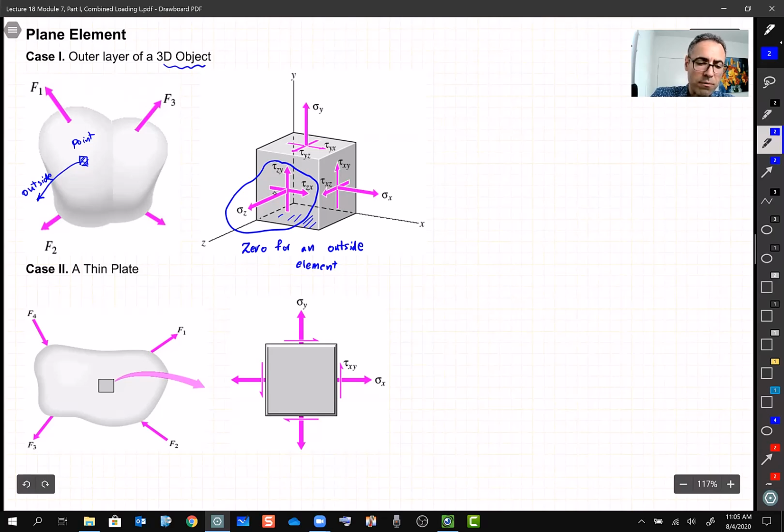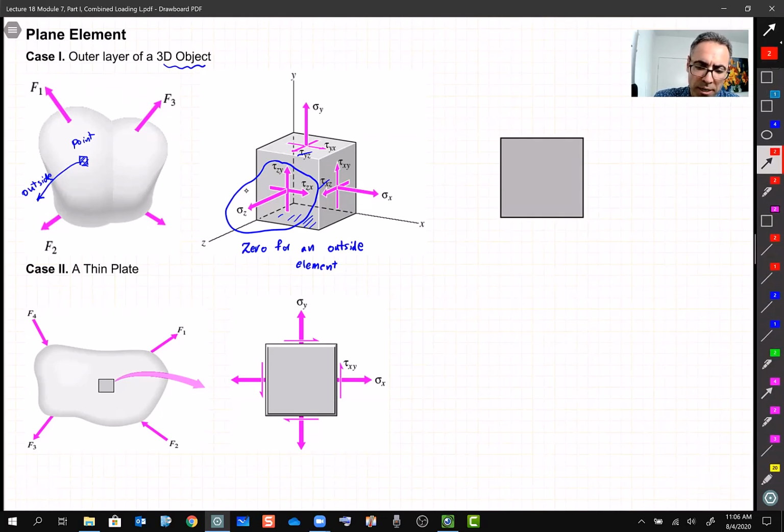So if all of these are 0, and we just said that tau zy is equal to tau yz, then it means this one has to be 0, and this one has to be 0. So now I'm dealing with an element where everything in the z-axis is 0, and I can simplify it by just showing the stresses in x and y.